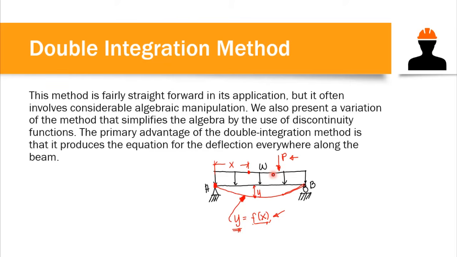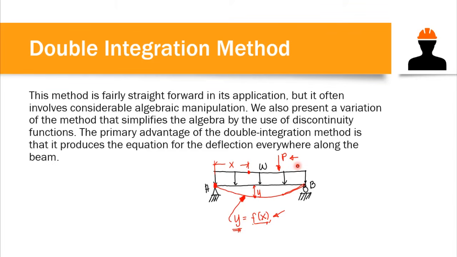In that case, it would be very tedious and time consuming to use double integration because a new set of functions must be developed for each interval of the beam. So you need to develop an equation from A to this point, and from the concentrated load to B. Therefore, it would be very difficult to compute for our y.